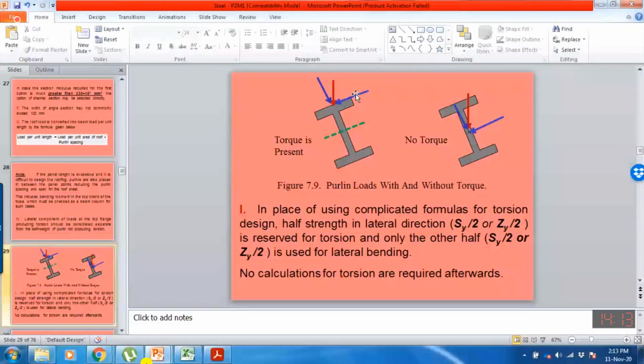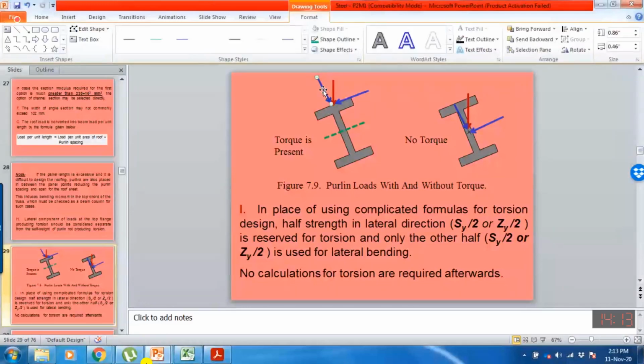The component acting along the y-axis will produce the bending moment about the x-axis, plus this component will also produce the torsion. It means that the total stress in this purlin will be the bending stress due to the moment Mx, the bending stress due to the moment about the y-axis, plus torsion stresses.